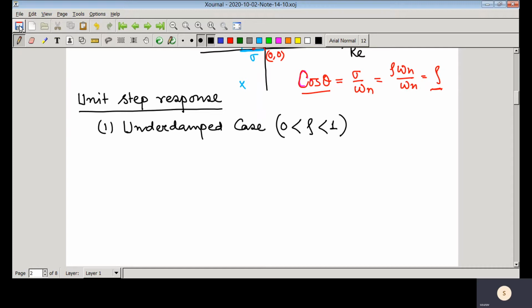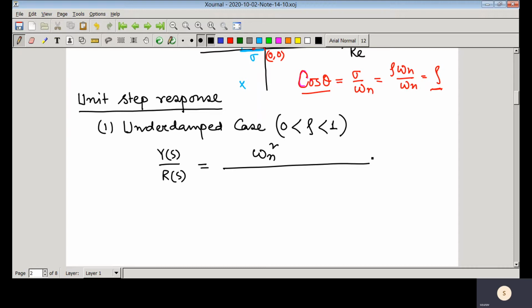We have already done those things in Laplace transformation, and I would suggest all of you to do it again. The normalized transfer function is Y(s) by R(s) equals omega n square by s square plus twice zeta omega n s plus omega n square.